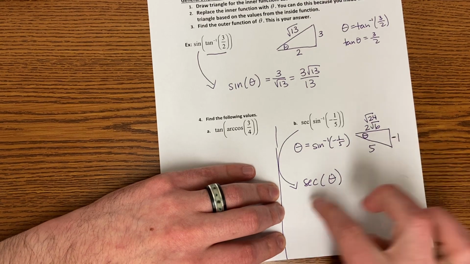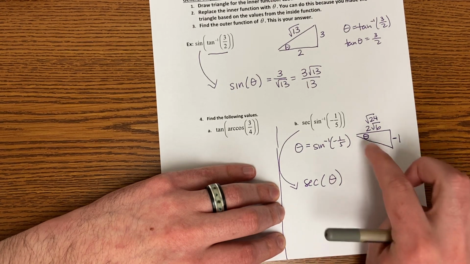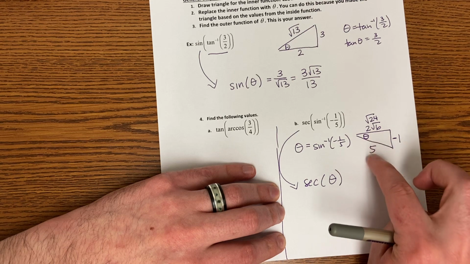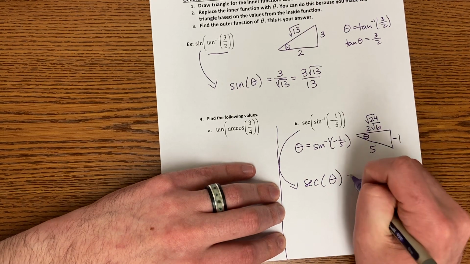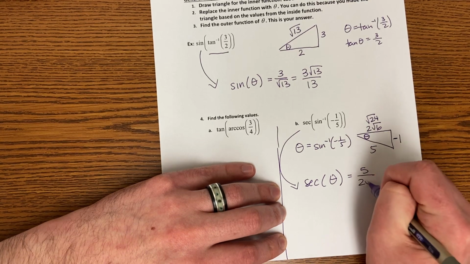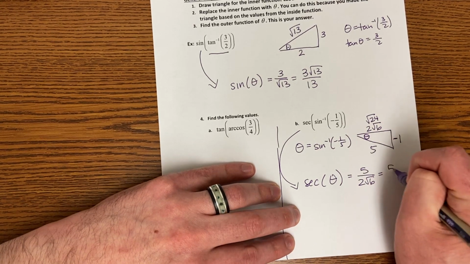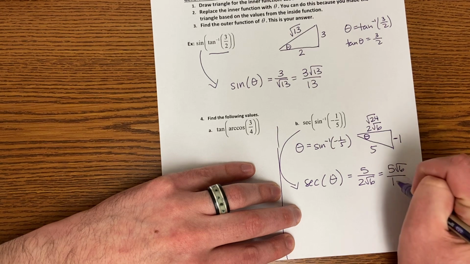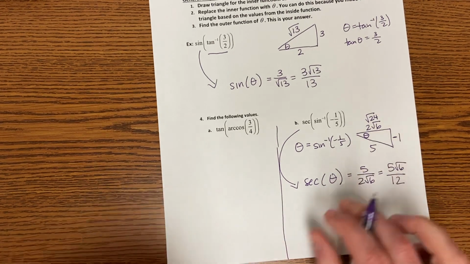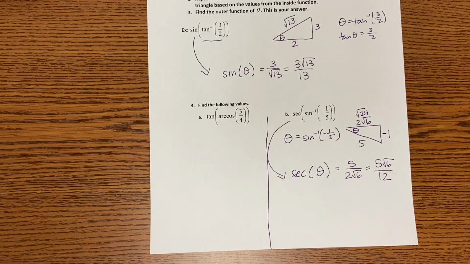And once I have the triangle, I can take the secant of theta. We know cosine is adjacent over hypotenuse. That means secant is hypotenuse over adjacent. This is 5 over 2 square roots of 6, or 5 square roots of 6 over 12. Again, I'll leave 4 for you to do.